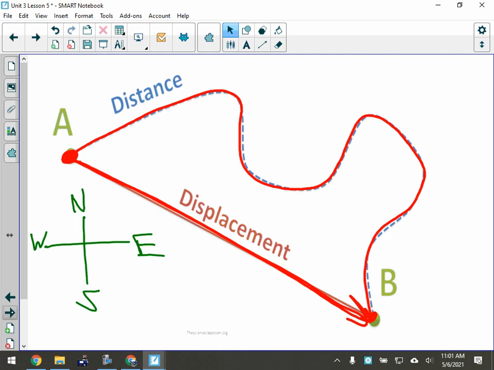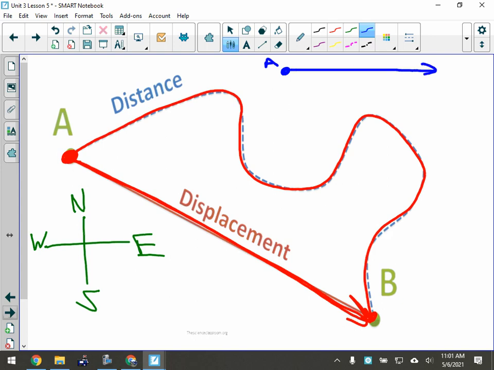But this does a pretty good job of that, but let me talk about this. If I start here, and we'll call this point A, and I go, let's say, to this point here, I'll call it B. And then I decide to turn around and go to point C. So I went and picked up Bobby Joe at B here, and then I went back to Conrad's house at C. Okay?